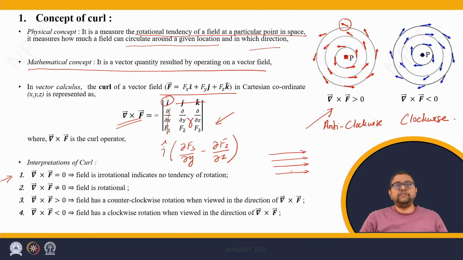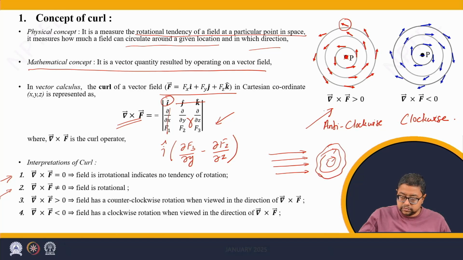For example, if the field lines as shown in the sketch are perfectly parallel to one another, then the curl of F would be equal to 0. If the curl of F is a non-zero quantity, it indicates a rotational field.